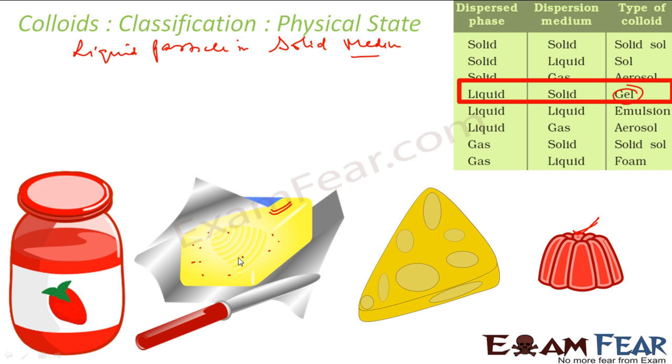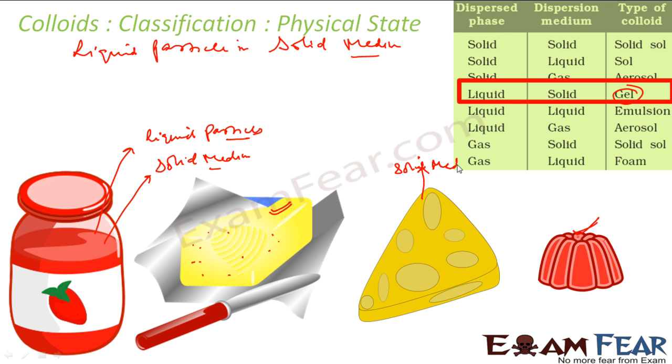These particles are liquid. If you talk about a jelly or jam also, if you see, the whole jam is solid, right? The whole jam is solid, so I'll say it is solid medium. But if you talk about the particles of the jam, they are all liquid particles, correct? Cheese is also one good example. Cheese, if you see, it is all solid, so I'll say solid medium.